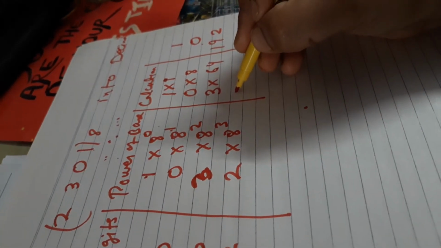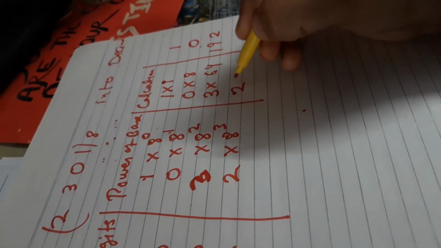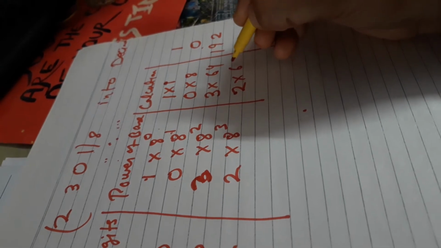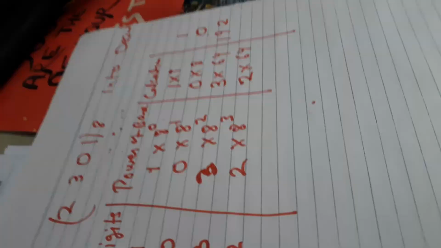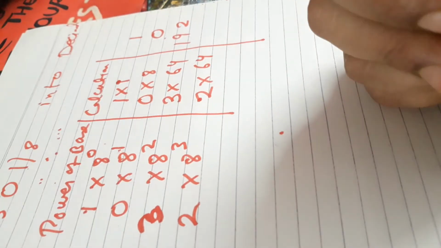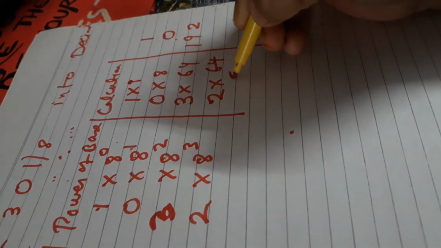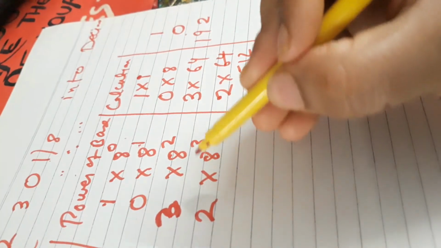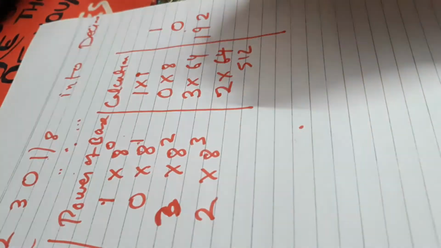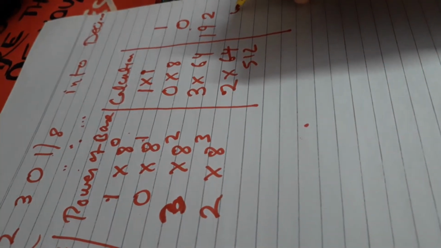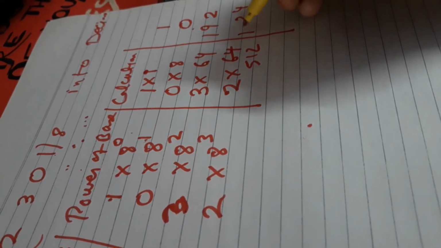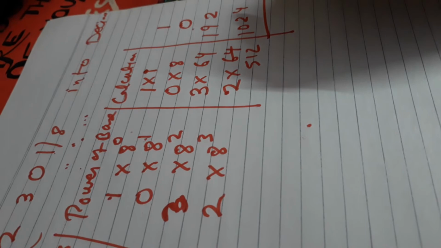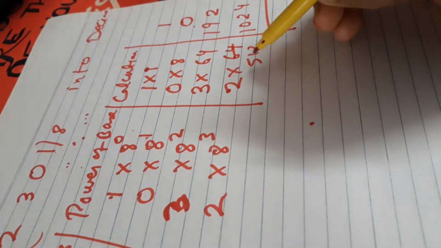Now 2 into 64, sorry, not 64, 512. 8 into 8 into 8 is 512. So 2 2s are 4, 2 1s are 2, 5 2s are 10. This is the product of 512 into 2.